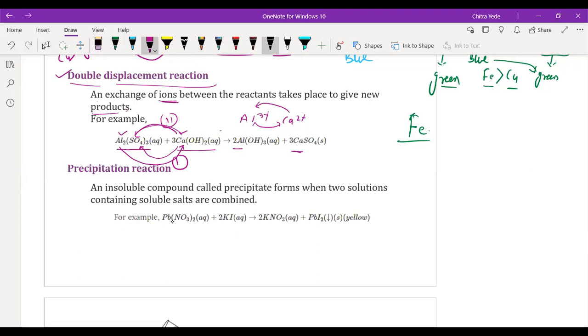Let me write the definition. Sir, yeah, please write that. Okay, so I'm going to write the definition here.